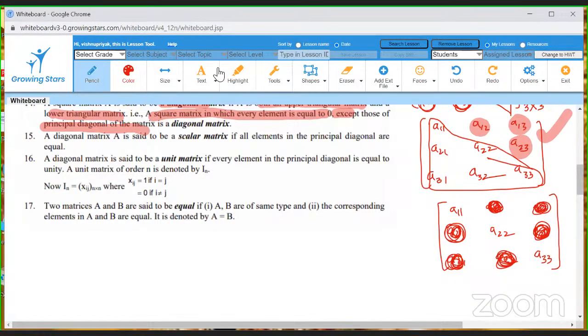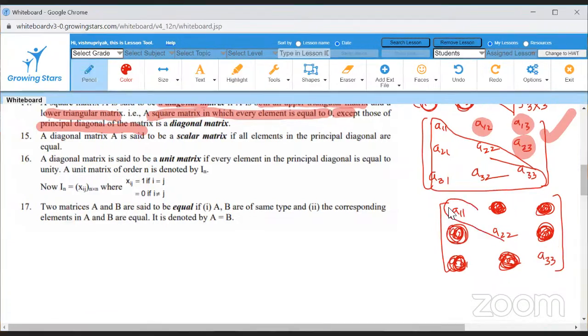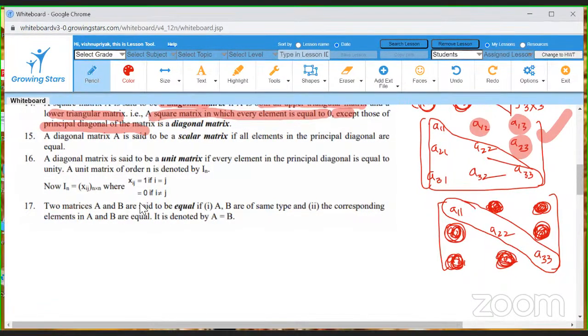So a diagonal matrix is this: both upper triangular and lower triangular. Or you can say in a diagonal matrix, only the diagonal elements will be there, and the remaining are all 0.